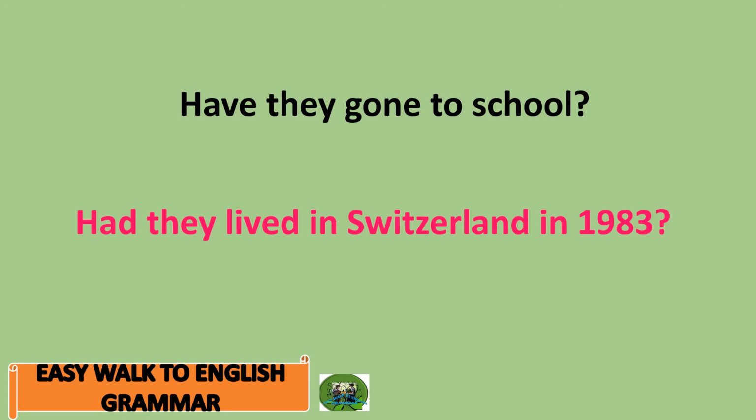Then we placed the subject they after the auxiliary verbs. Then we placed the V3 forms, the main verbs of the sentences. The same pattern. I think it's more clear for you now how to place words while we use have or has or had in interrogative sentences.